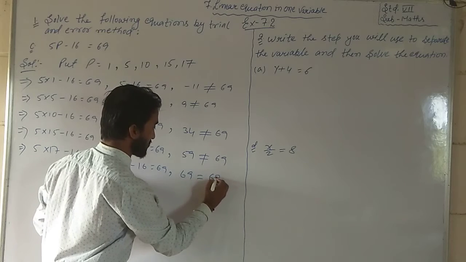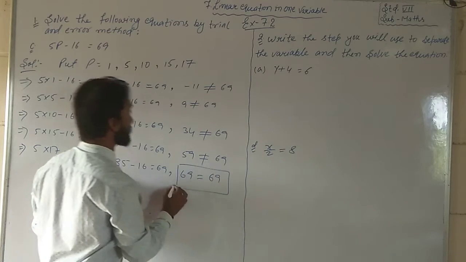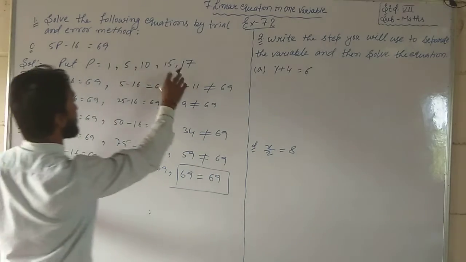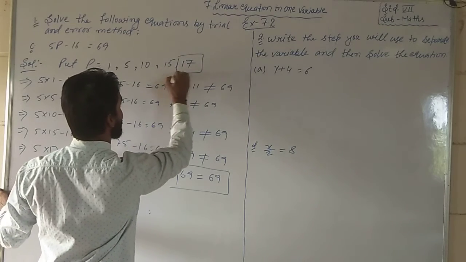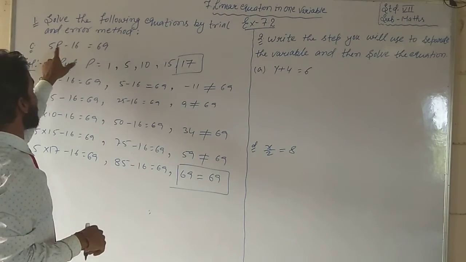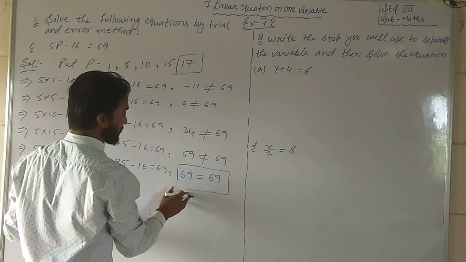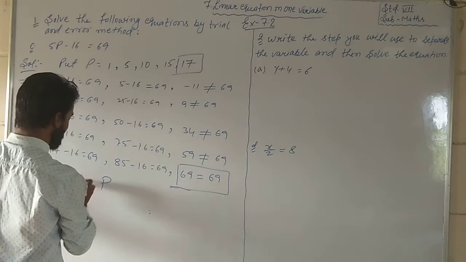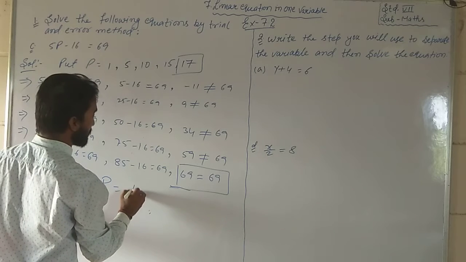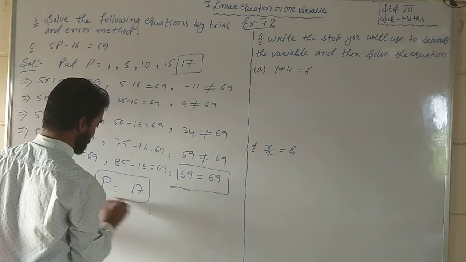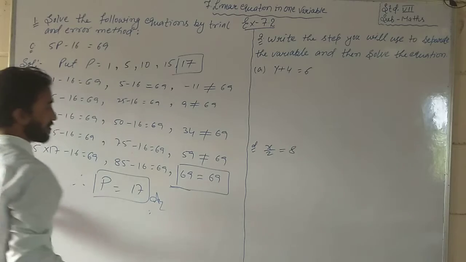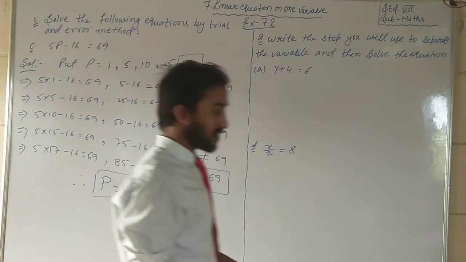So students, when p is equal to 17, we are putting the value of p, then this equation is getting satisfied. Then what will we say? So p is equal to 17. Are you getting my point, students?